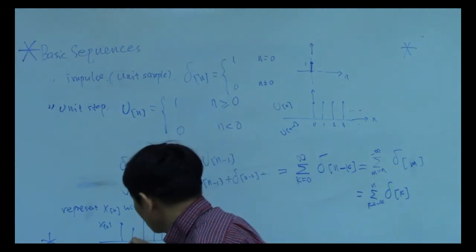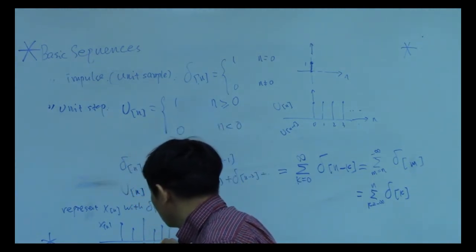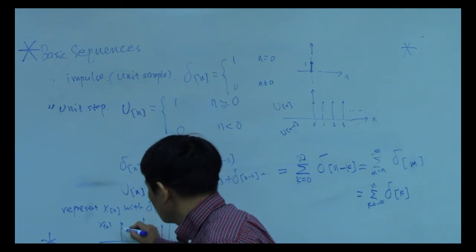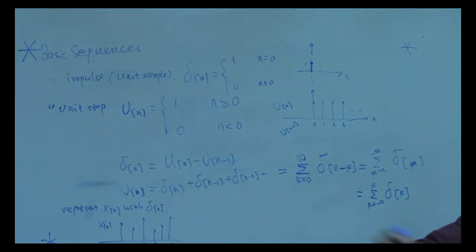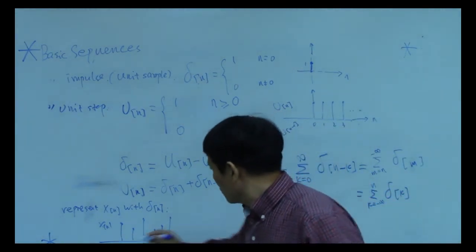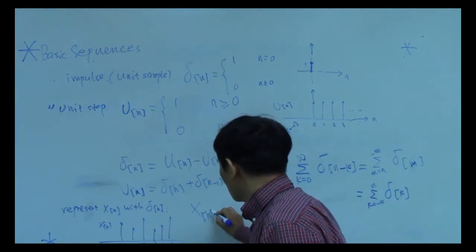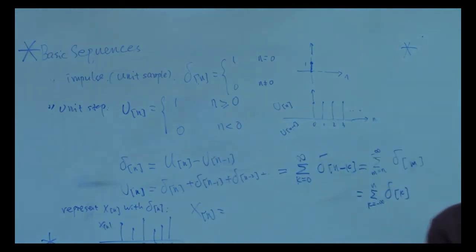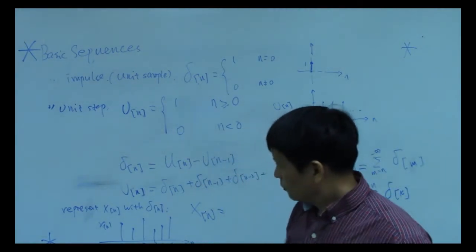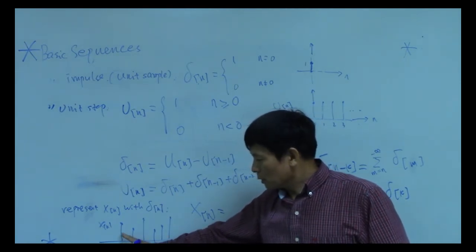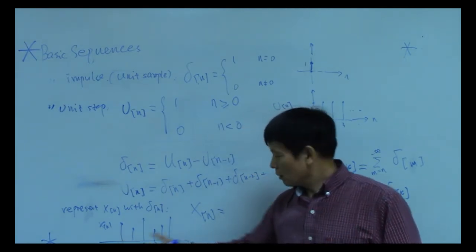So for example, this one equals 0, 1, 2, 3, 4, 5, or any sequence, Fibonacci sequence or any one. And I want to represent this xn with a sequence of impulses. In this example here, how to represent this term with impulses?